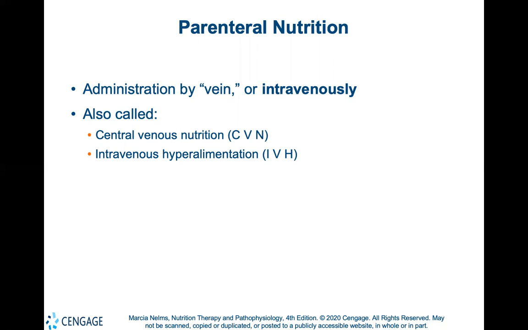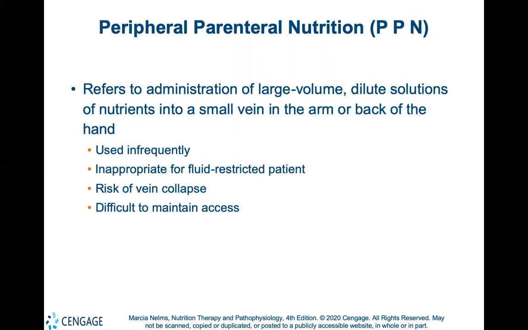The term peripheral parenteral nutrition refers to the administration of large volume diluted solutions of nutrients into a small vein in the arm or back of the hand. PPN is described for short-term use and is most commonly used as a therapy to provide nutrients while awaiting placement of a central venous catheter or CPN.